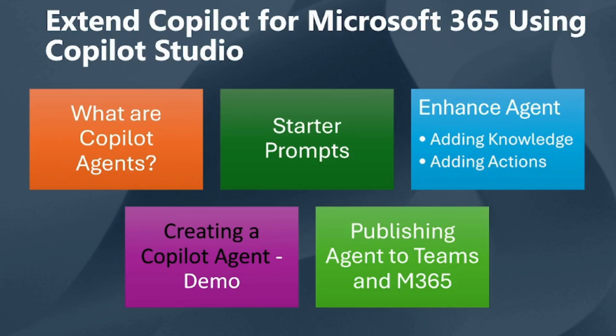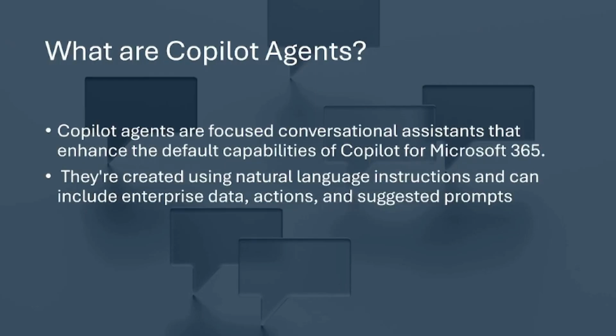And then I will also give a demo where we will create the agent, and then we will publish that agent on Teams and M365. So let's start with what Copilot agents are. Essentially, Copilot agents are focused conversational assistants that enhance the default capabilities of Copilot for Microsoft 365.